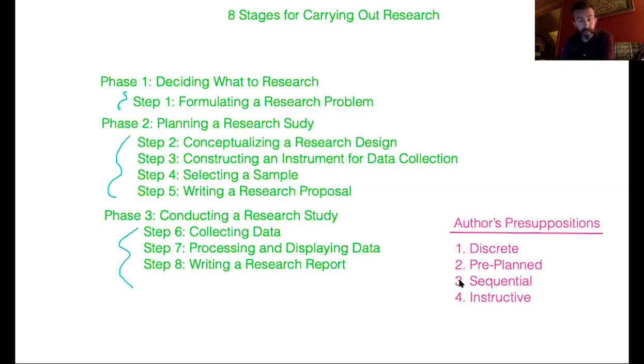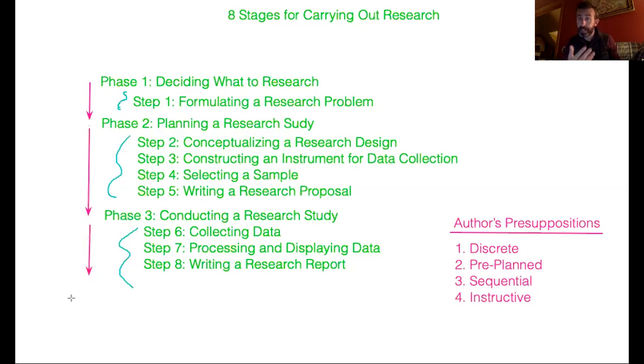Let's move to number 3 here, sequential, a synonym for successive. In other words, it's clear that the author's design is such that he believes that research moves from one phase to the next and so on. It's all moving one after another in sequence.